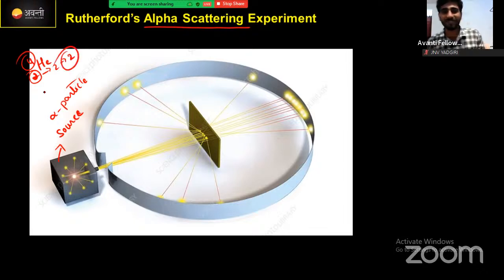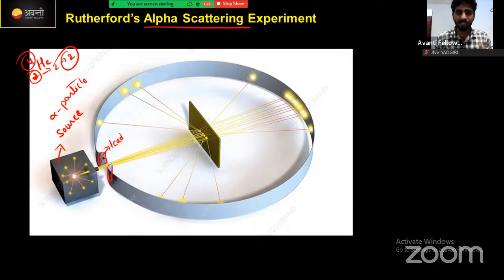Correct? Right. Now the source is emitting in all directions. To collimate the emitted particles, meaning to move them in an ordered arrangement, he made one small window in a lead box. This is made of lead. Why did he keep the lead box?